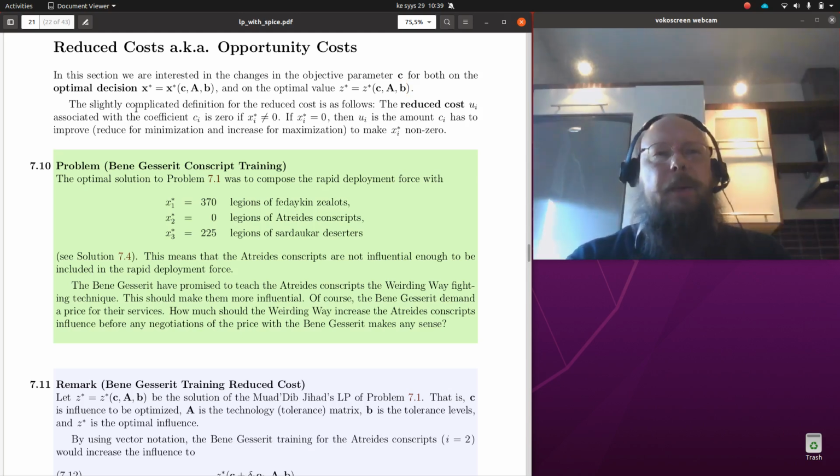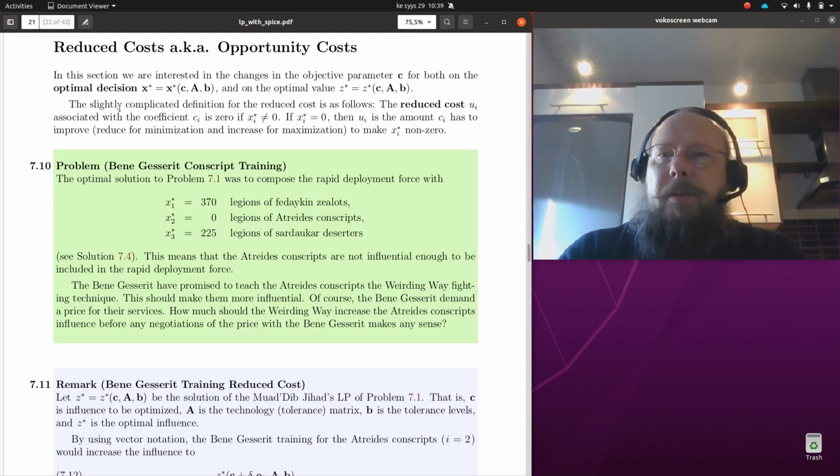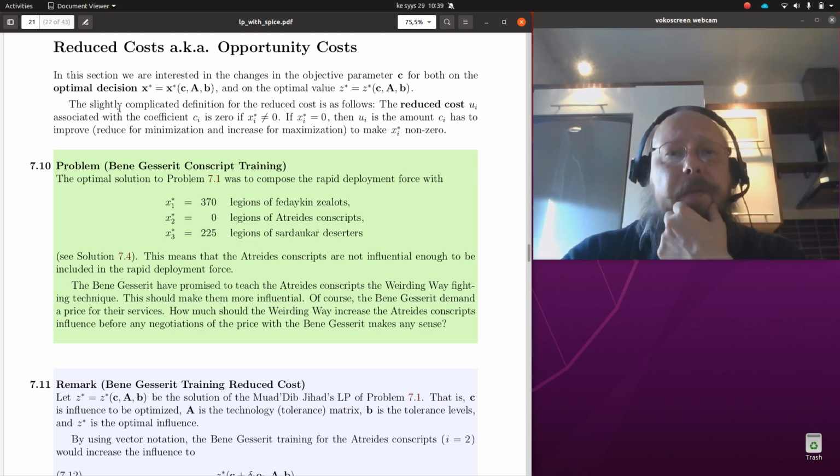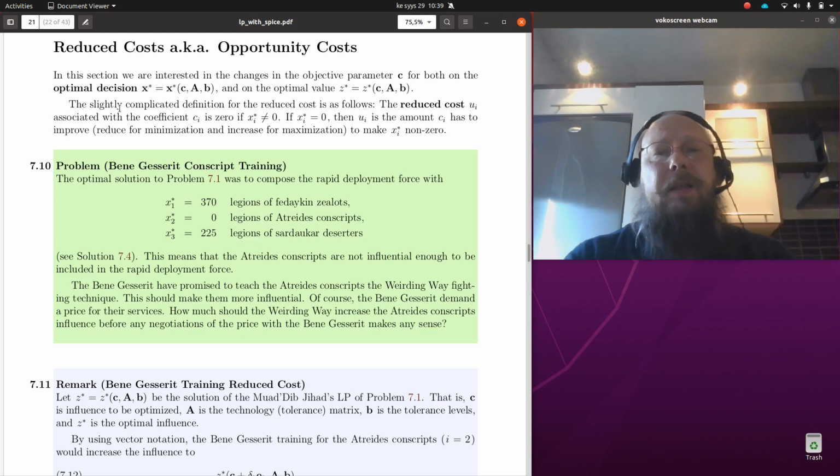I'm sorry about this. I really tried to find out myself, even googling and looking at other operations research notes, whether there is a simple or compact definition for this, and it appears that there is not. So this is, I think, the easiest definition for the reduced cost.